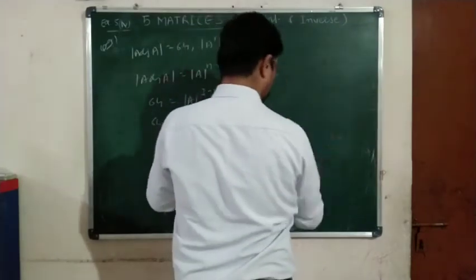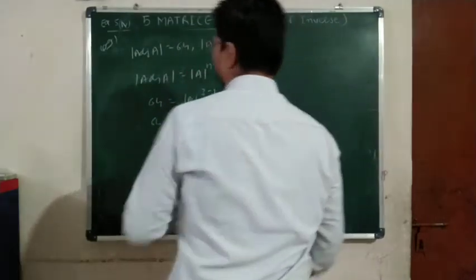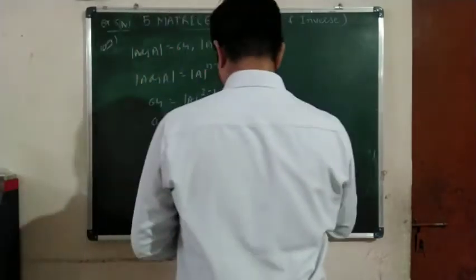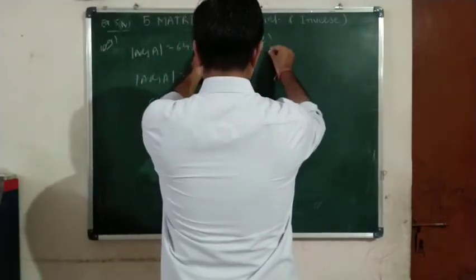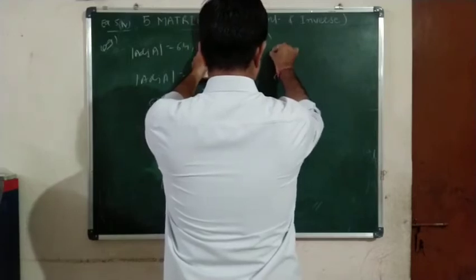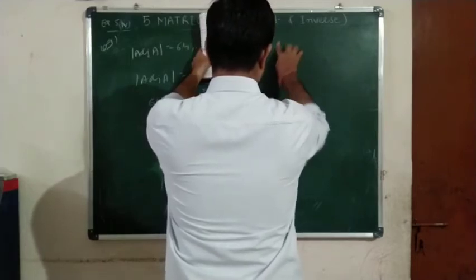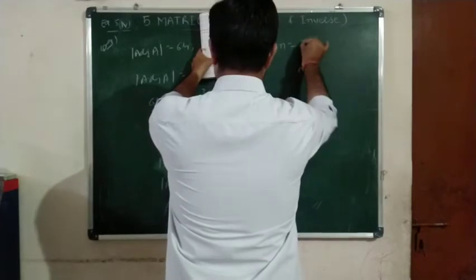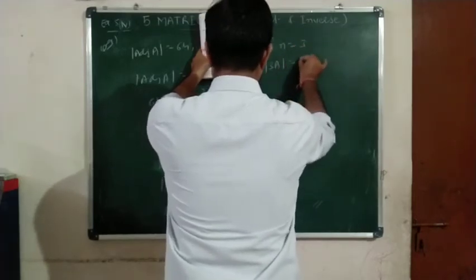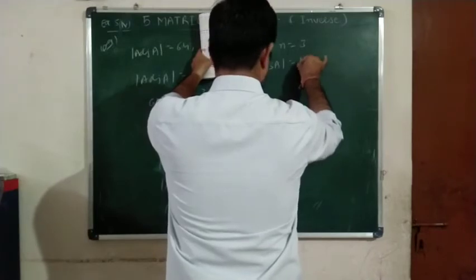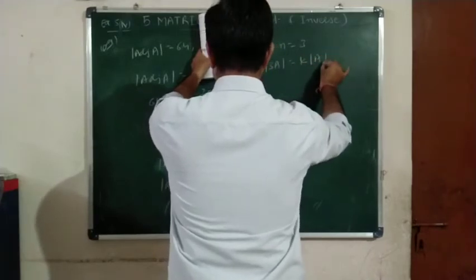Okay, so question number 9 is also done. Now let us solve question number 10. Order of A is given to be 3, 3 into A is equal to Ka.